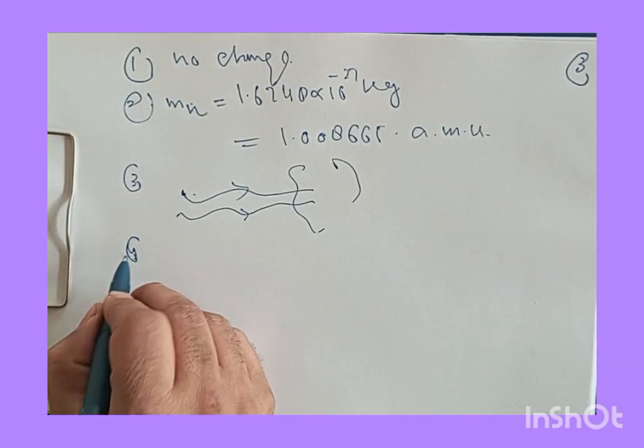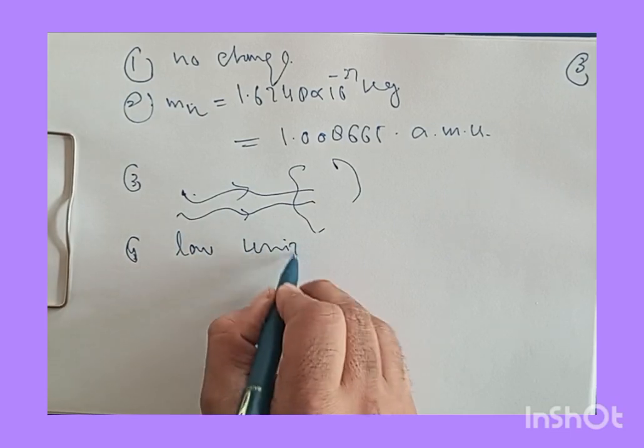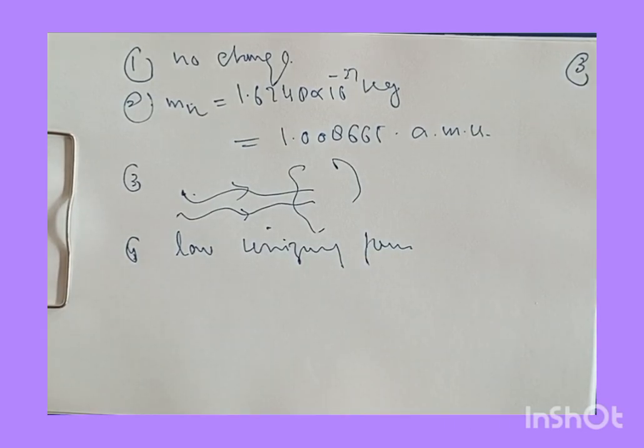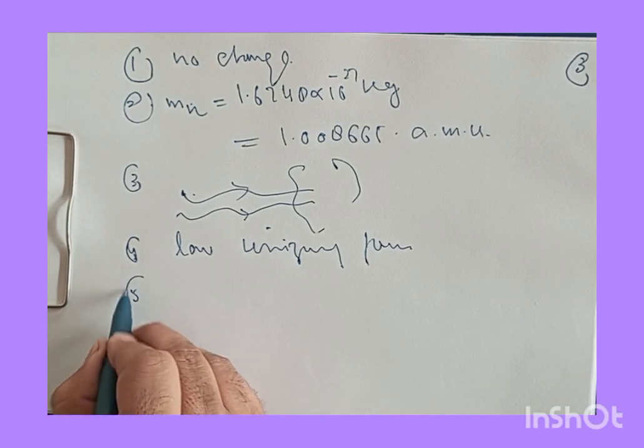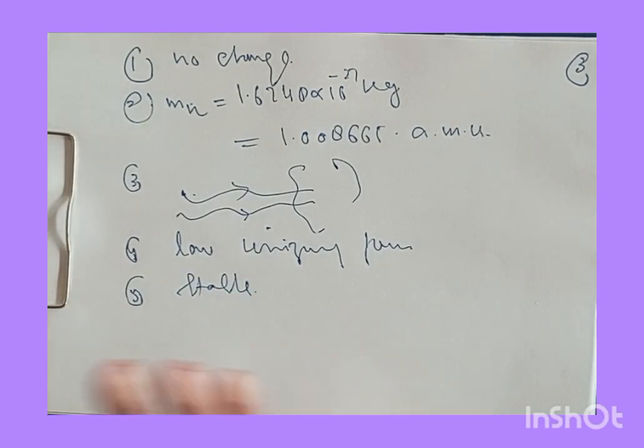And then the important thing, neutron has low ionizing power. Ionizing power is the amount of energy that's used to ionize an atom. And neutron is stable inside the nucleus, apart from some nuclei about which we'll be talking in future.